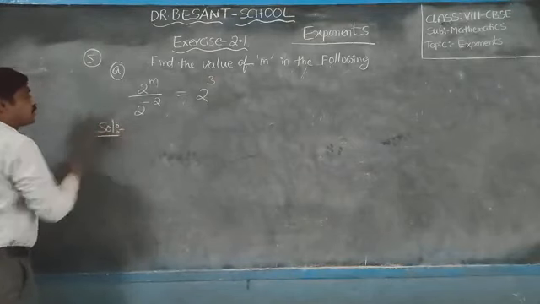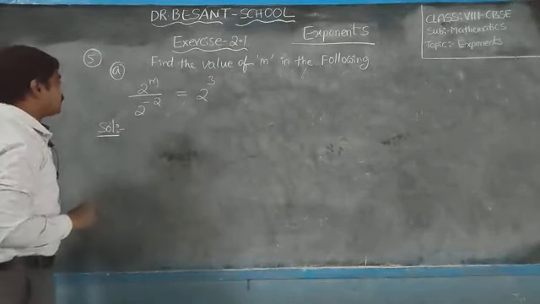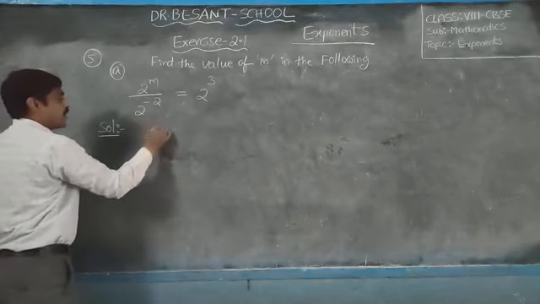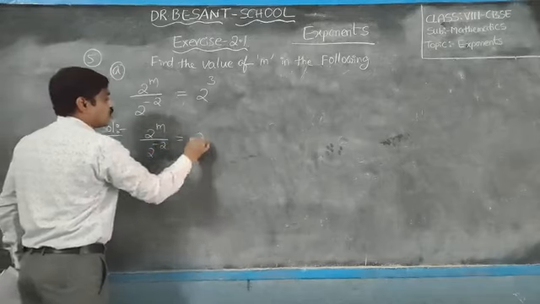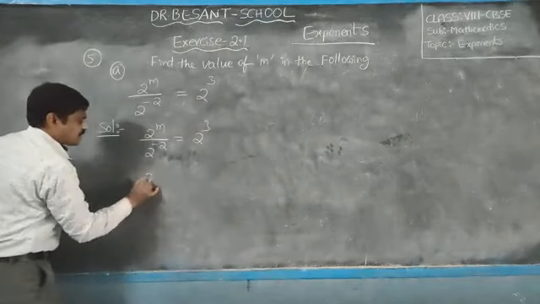Children, observe here. 2 power m by 2 power minus 2 is equal to 2 cube. This is given.